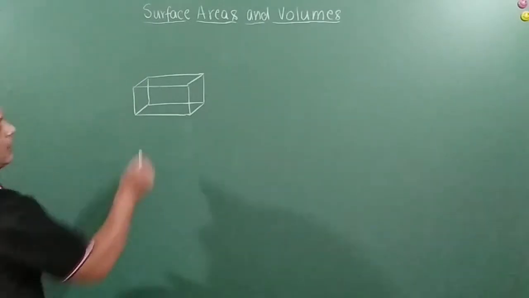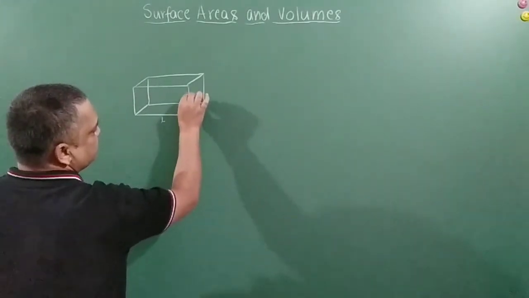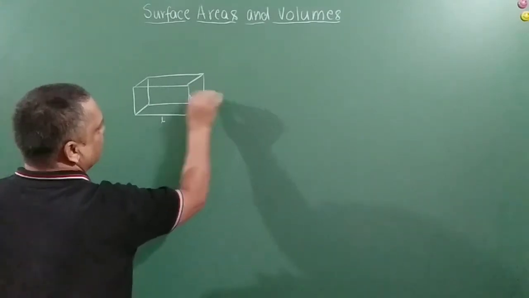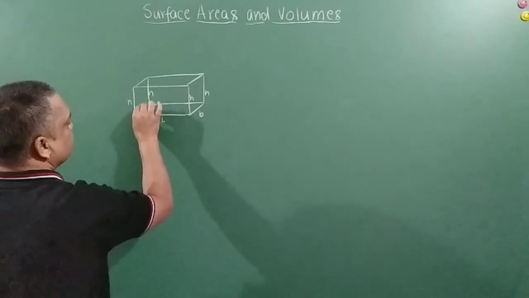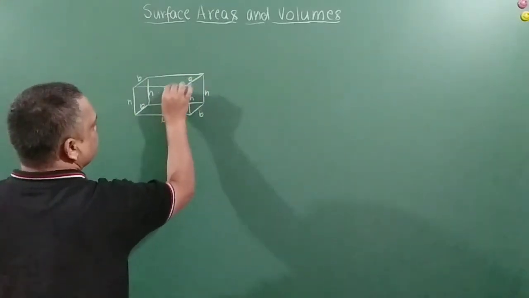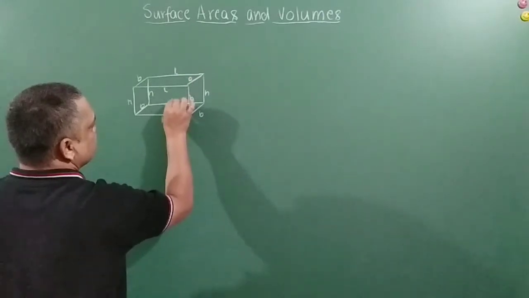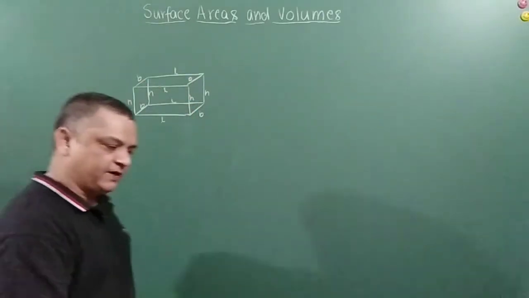Now this is L, this is B, and this is H, correct? So I'll mark all the sides. This is B, this is B, and this also is B. This is L, and this is L. Now all sides are marked here, right friends?